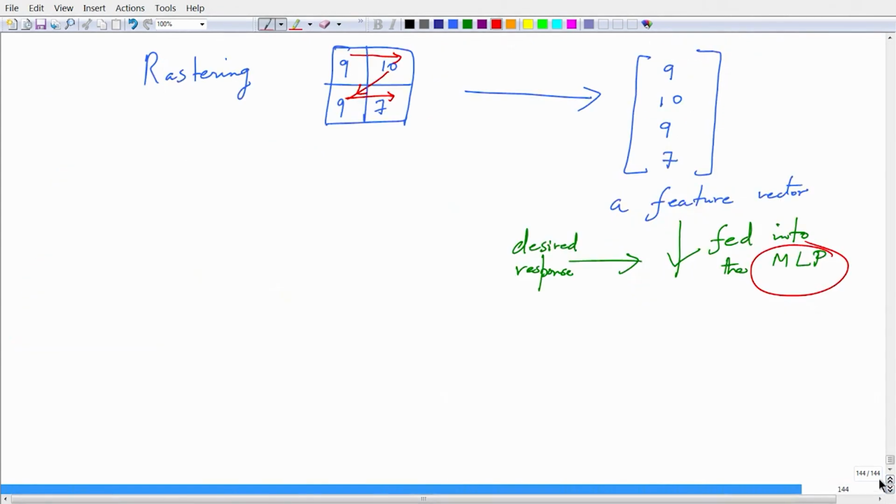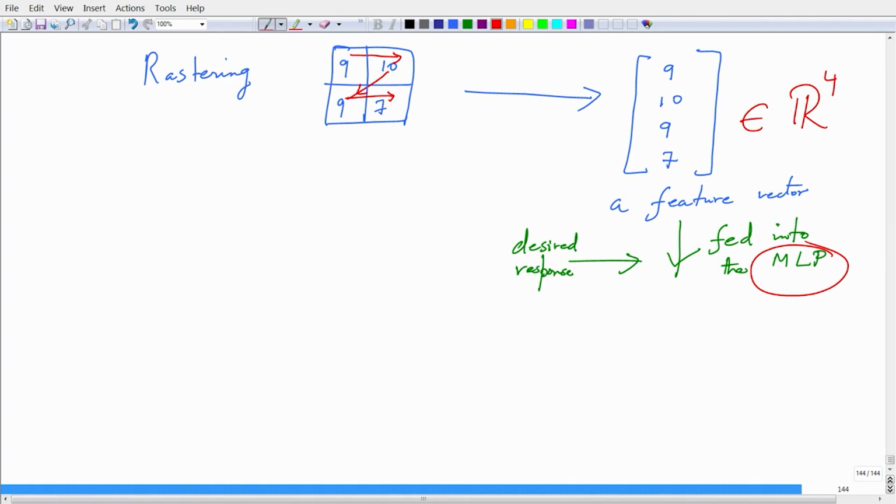I raster the 2 by 2 final array. Let us assume that this is my final array. I raster it, I get a feature vector, right. This is in R4 in this example.